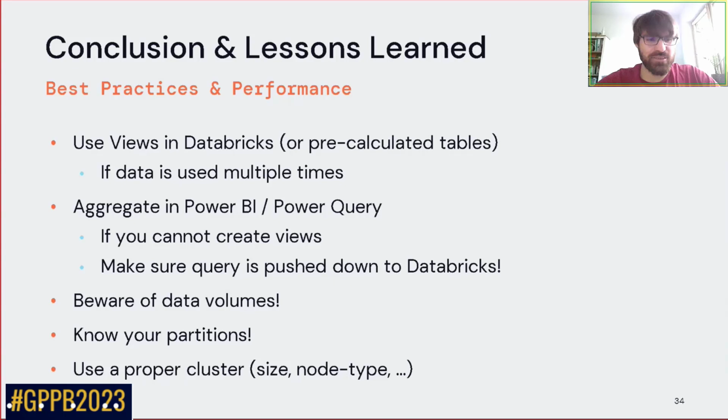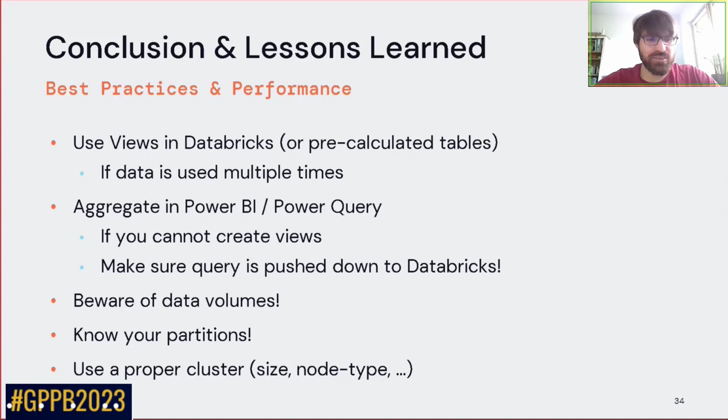Next to that, know your partitions. That's probably the most important thing that you should take away from this session. Whenever you deal with data from Databricks, data is usually partitioned, and if you write a query that doesn't hit or is not aligned with the partitioning of that table, it can potentially be very slow.